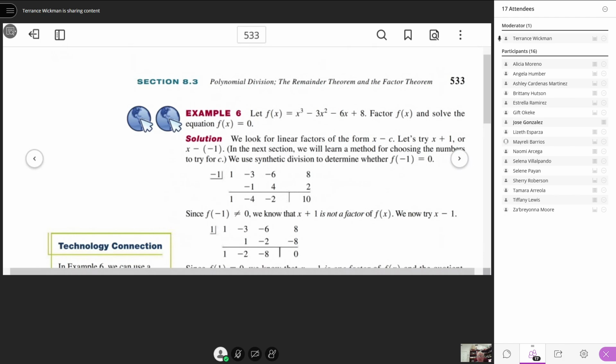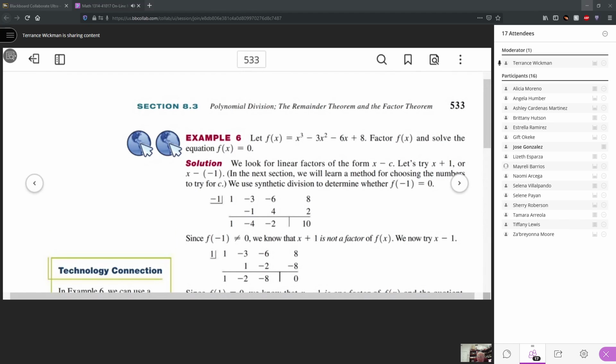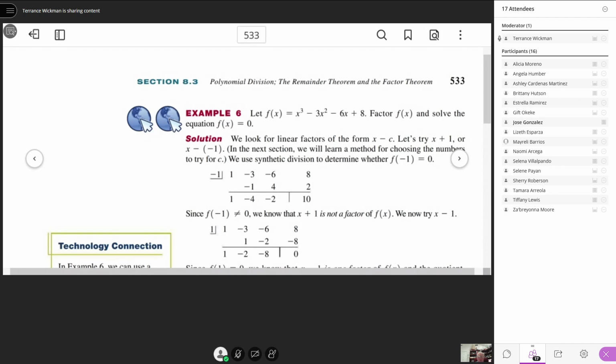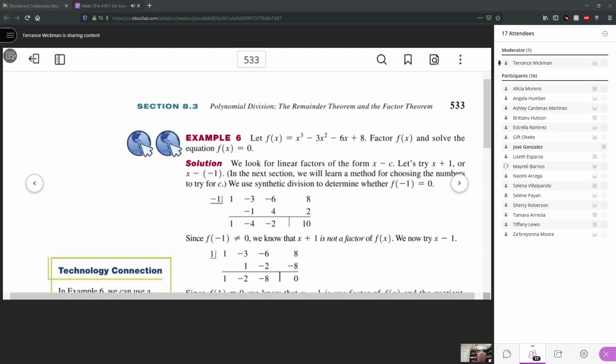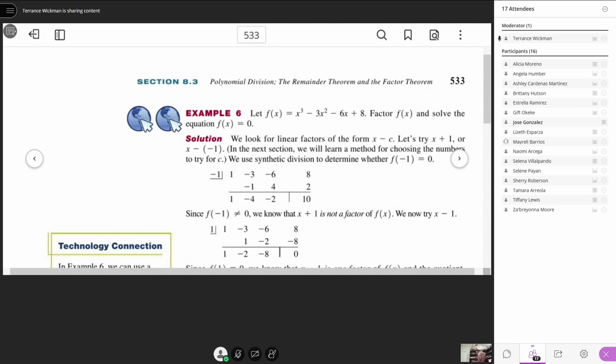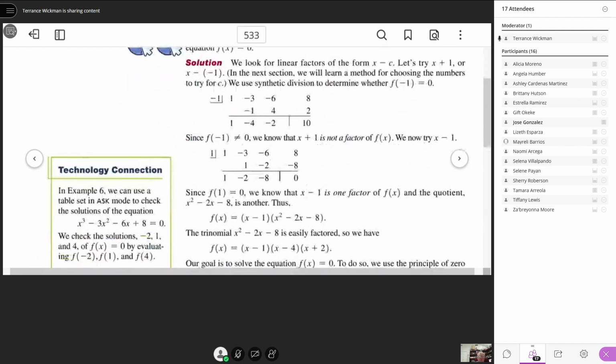If you read the second sentence, it says, let's try x plus 1, or x equals negative 1. That came out of their head. They're just saying to do that. And of course, they get a 10 remainder, so it doesn't work. So then they say, okay, if negative 1 didn't work, let's try 1, which really means x minus 1. It's always the opposite. And it works.